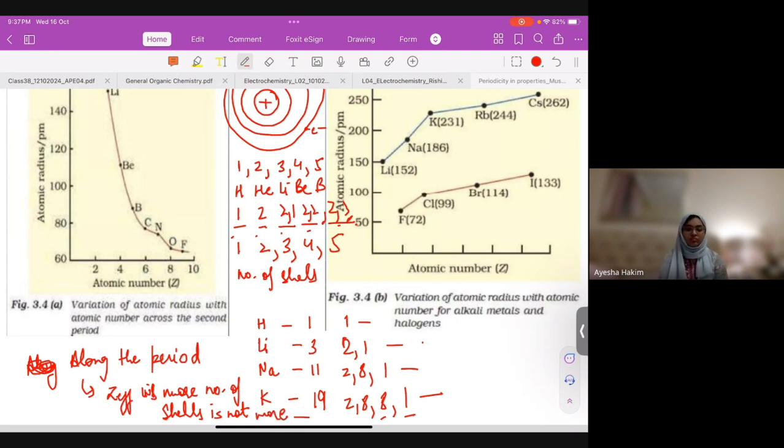So your atomic radii, R, will decrease. I can also tell you that atomic radii is directly proportional to Z effective, and inversely proportional to N, where N is the number of shells. So down the group, it increases.